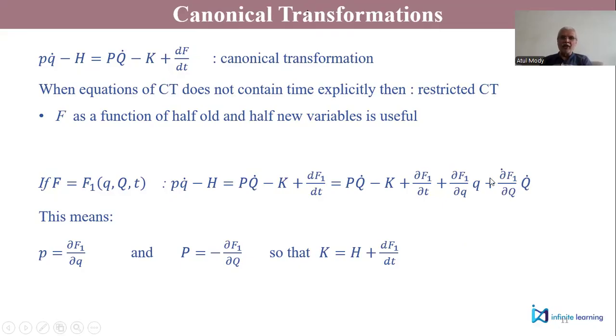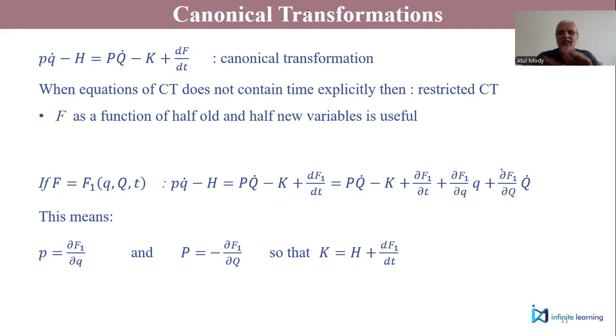If you compare them, the coefficient of q dot is dou F1 by dou q, which has to be small p, and the coefficient of capital Q dot, dou F1 by dou capital Q, has to be minus capital P. So capital P becomes minus dou F1 by dou Q, and your K becomes H plus dF1 by dt. That's your new Hamiltonian.